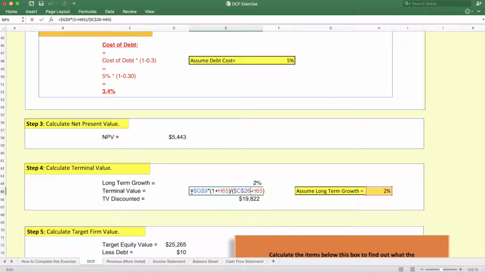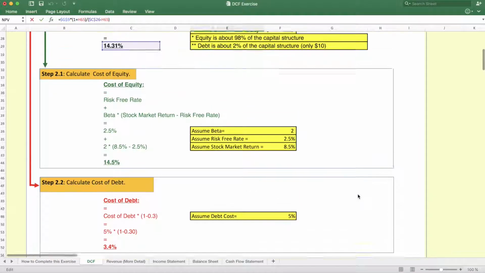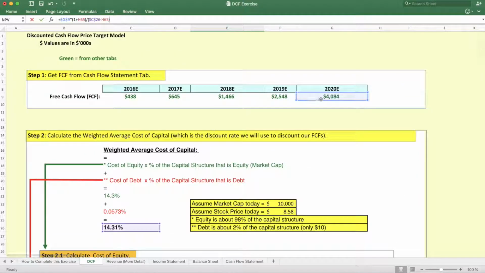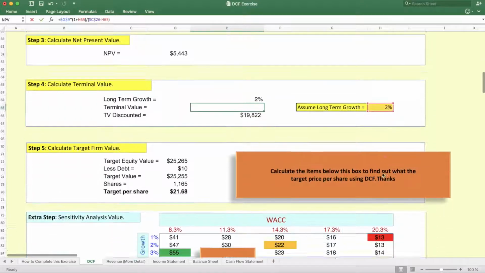You take our final year, 2020, you grow it one more year, which is 2% growth, and then you divide it by the cost of your capital, which was 14.31%, minus the growth rate. Let's go up here and take a look, see what's colored. That. So you're taking your final year and growing it one more year, which means 1 plus the growth rate, which is there.